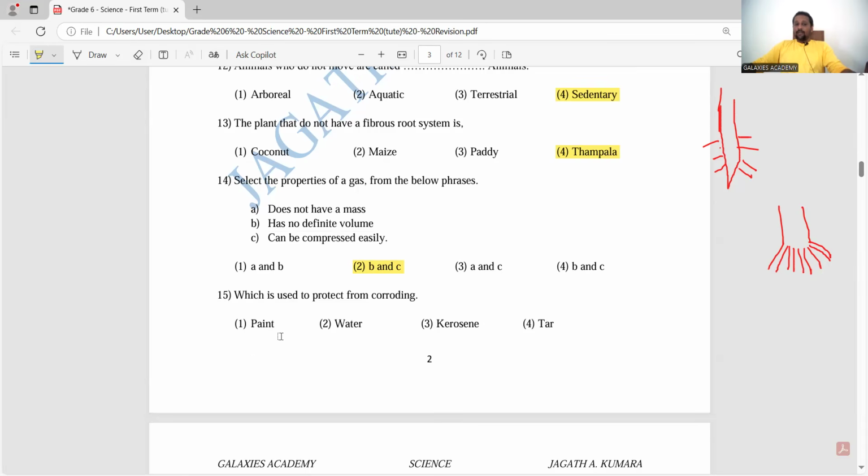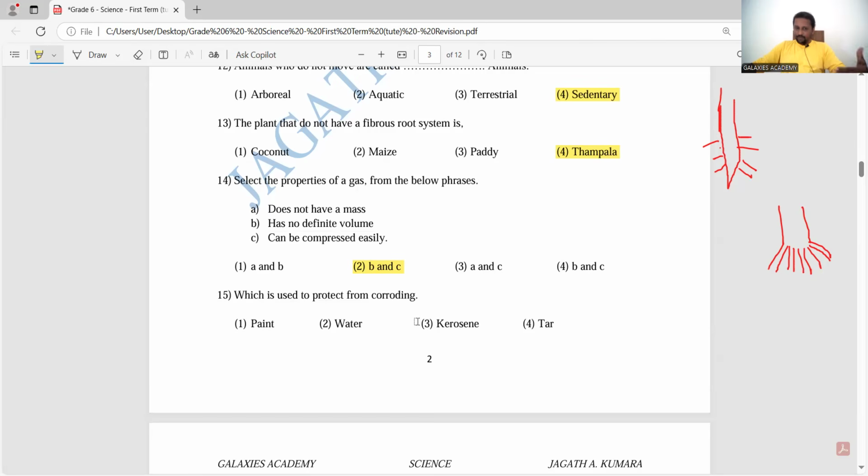Corrosion and corroding mean it. So what can you use to protect from corroding, right? What we can do: paint, water, kerosene, tar. Tar means tar, right? What can you do to prevent the corrosion of some materials, especially iron?